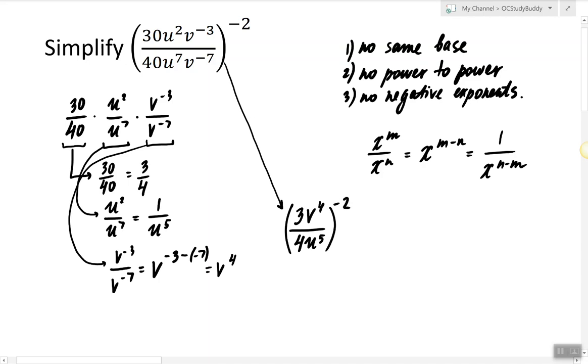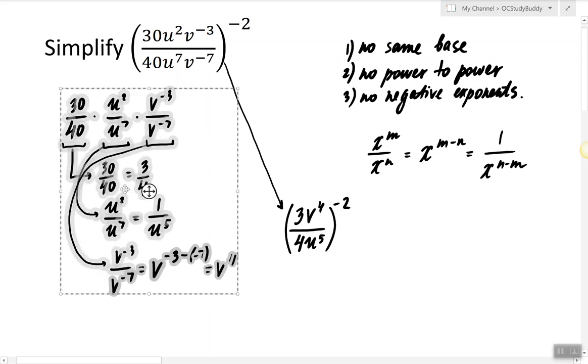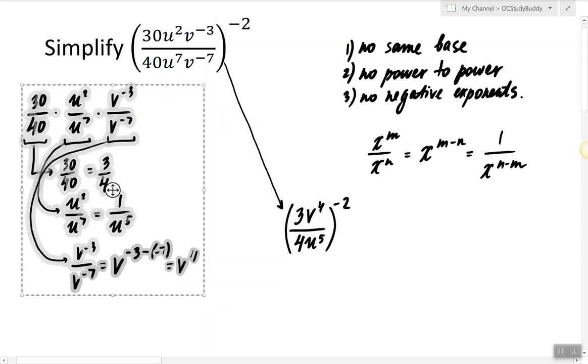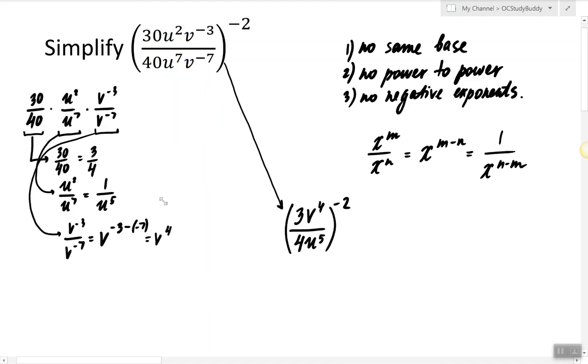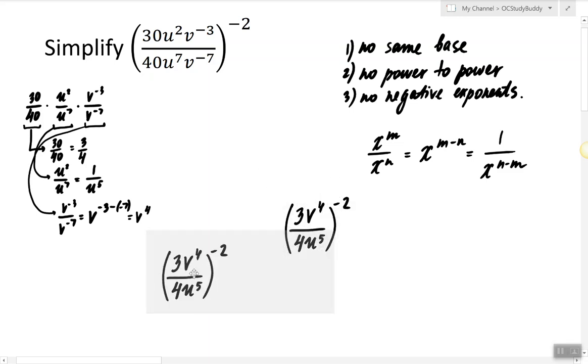And now we have to raise everything to the power negative 2. And what do we do next?